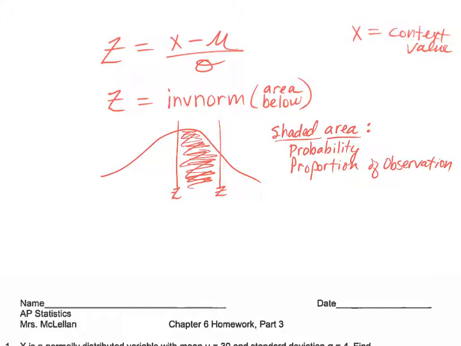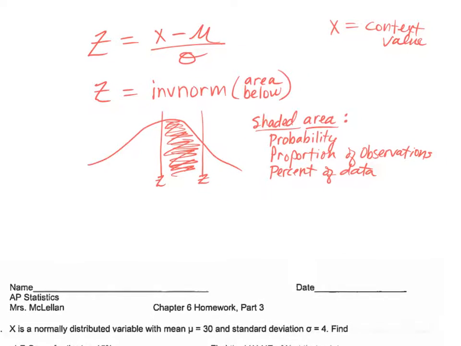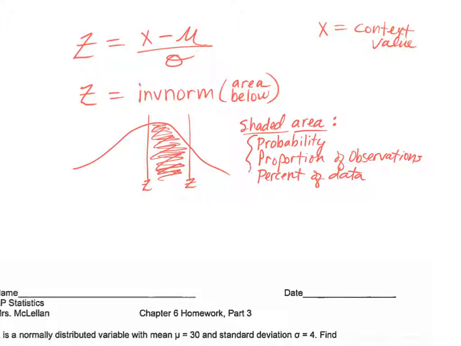Proportion of observations. And then there's one other P word that this shaded area represents. Anybody know? Good, percent. The percent of data. So you'll have all these z-scores, but ultimately, a lot of times we're wanting to find these probabilities or proportions or percents.